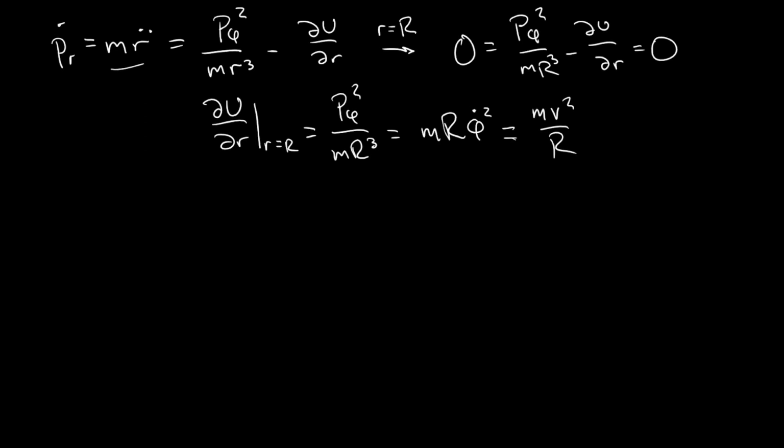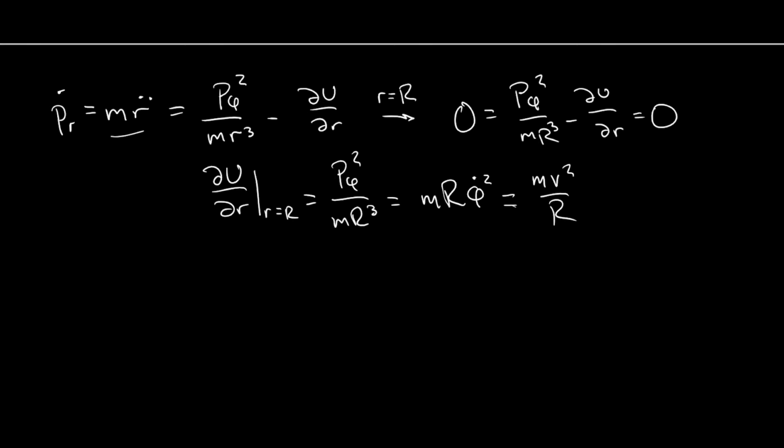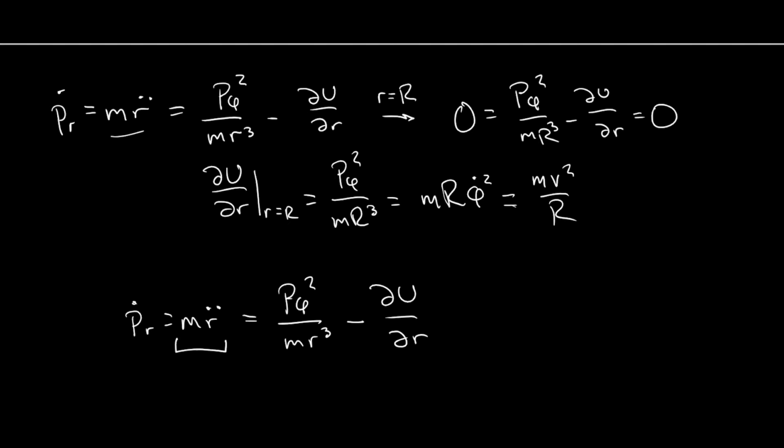Now, one other thing to notice about this is that I'm just going to rewrite this equation. So p dot r equals m r double dot is equal to p phi squared over m r cubed minus du dr. Here we see something I personally think is very cool, in that if we just interpret this as a one-dimensional force, which is essentially what it is, it's mass times an acceleration.